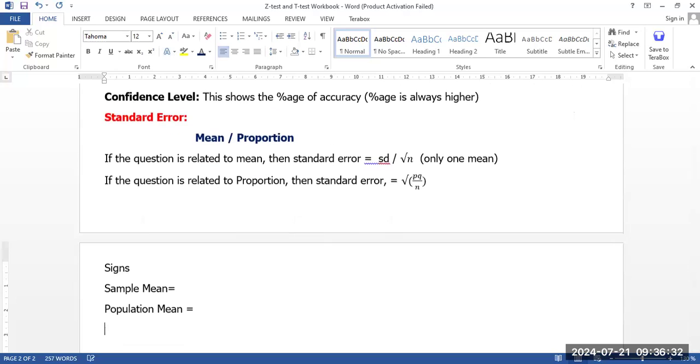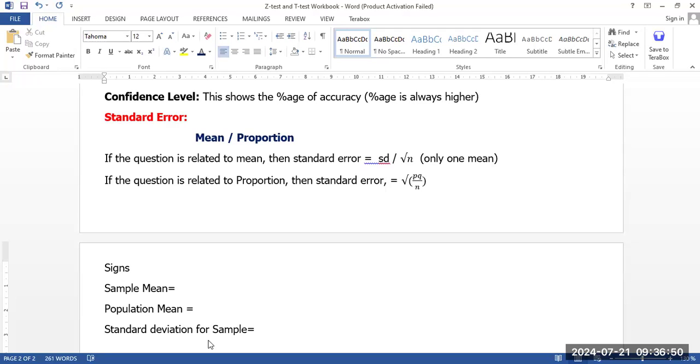If you're talking about standard deviation for sample, which sign should you use?